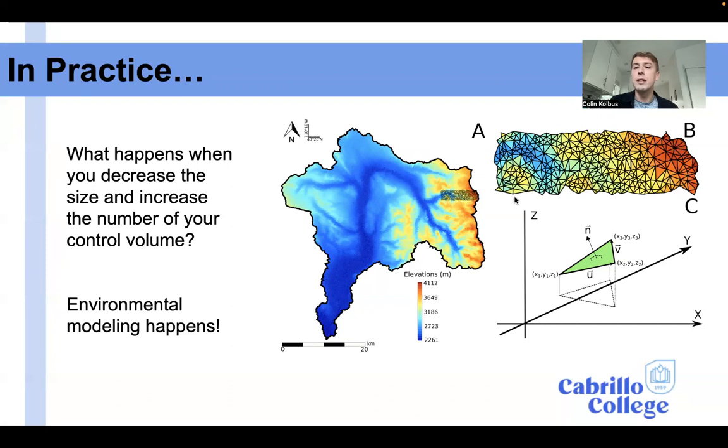And that's when you get into environmental modeling, where you have a computer run all of these simulations for days and days and days, thousands of computing hours, but it allows us to take a look and predict the behavior of an environment.